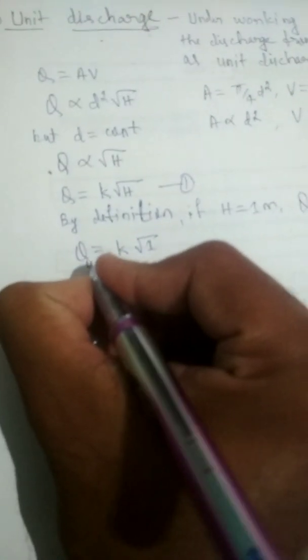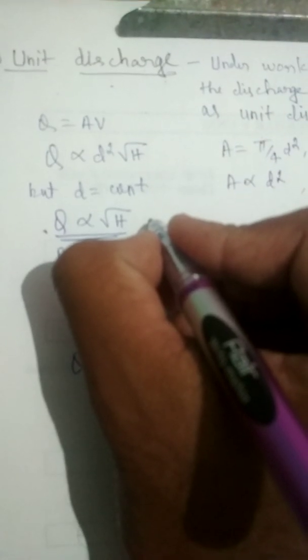Here Q becomes QU, so K is equal to QU. Substituting the value in equation 1, we get Q is equal to QU into square root of H. Modifying, we get QU is equal to Q upon square root of H. An important relation to observe is that discharge is directly proportional to square root of head, whereas unit discharge is inversely proportional to square root of head.